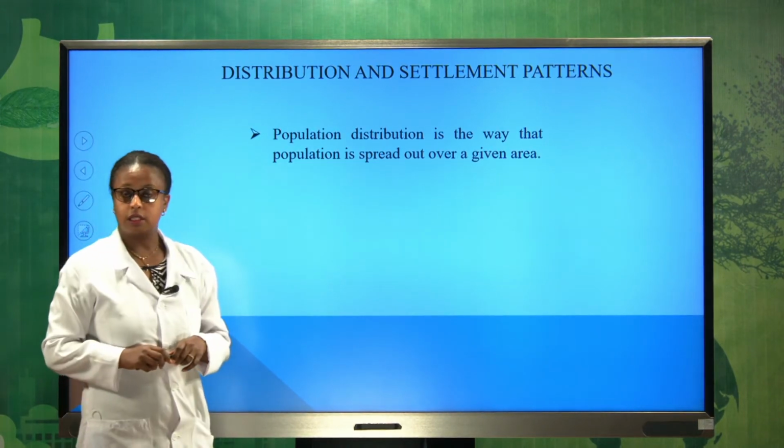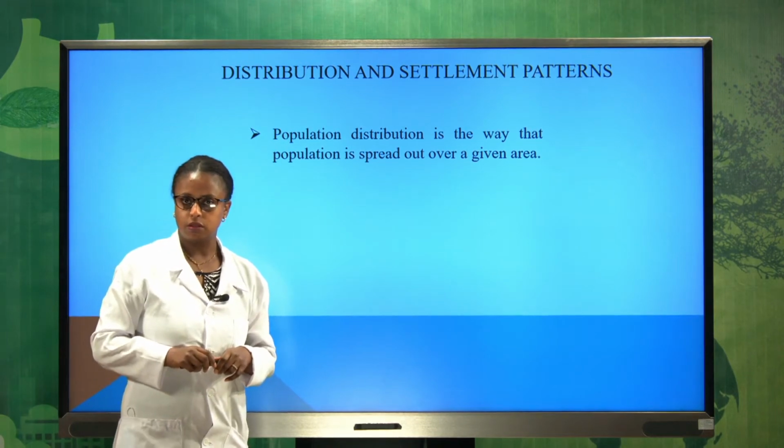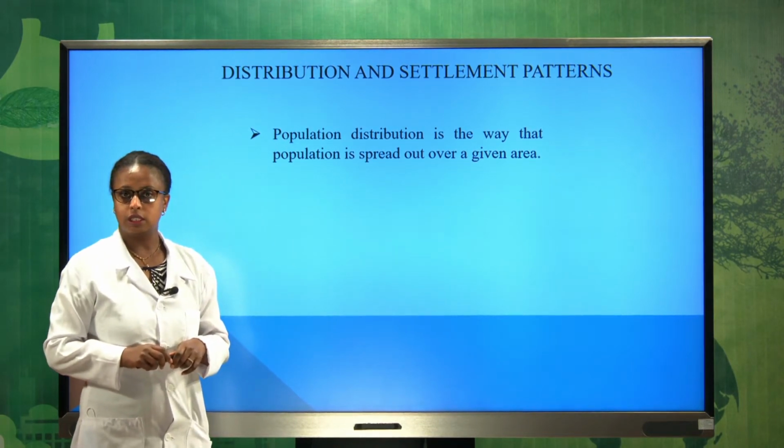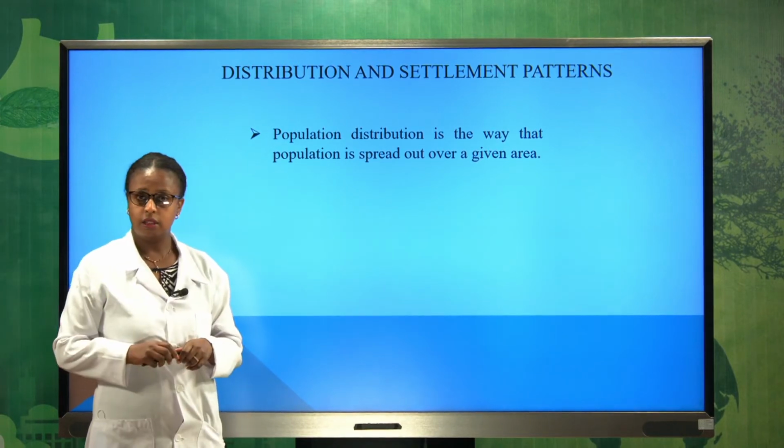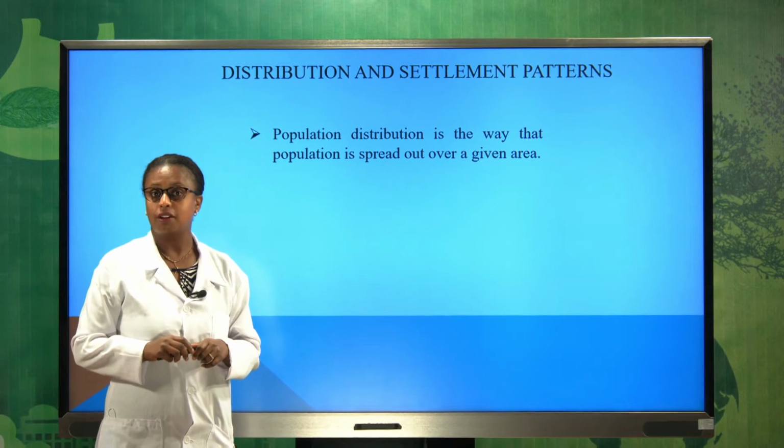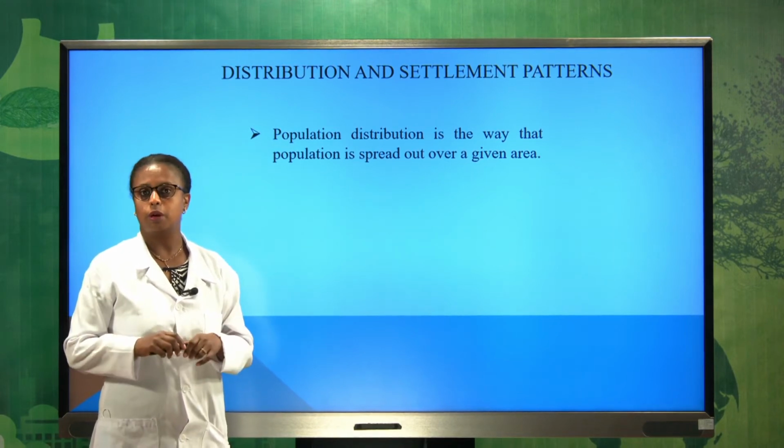First, let us see the distribution of human population. Distribution is the way that people spread out over a given area. There are different factors which affect the distribution of human population.